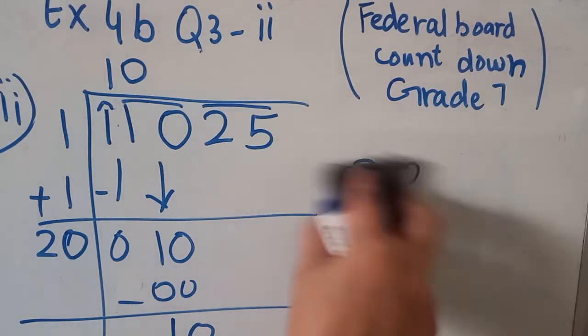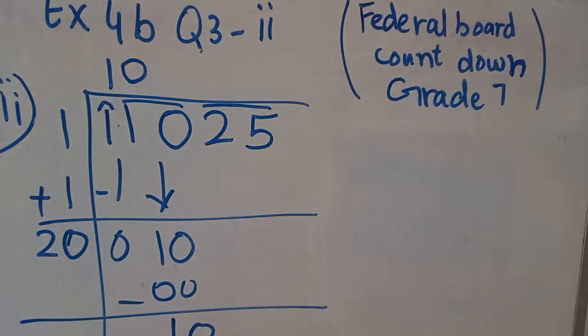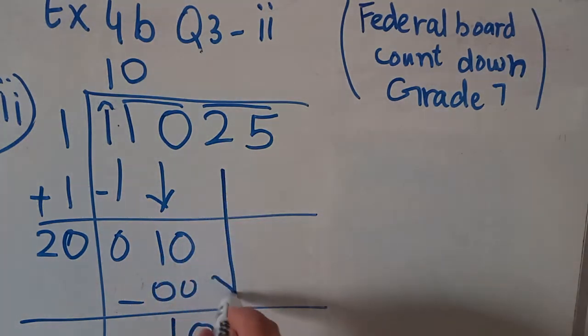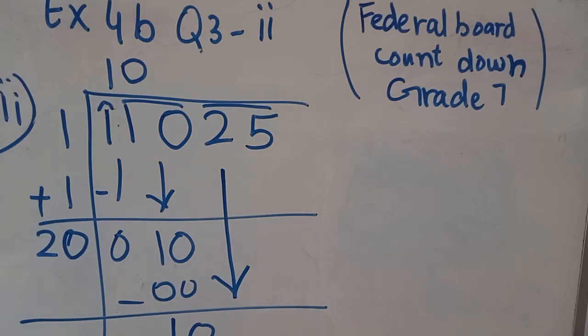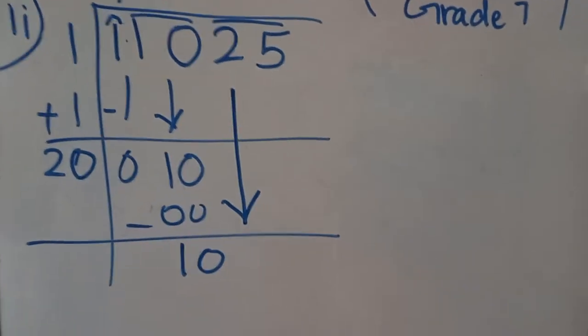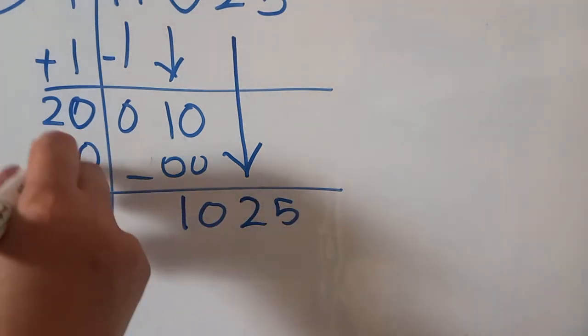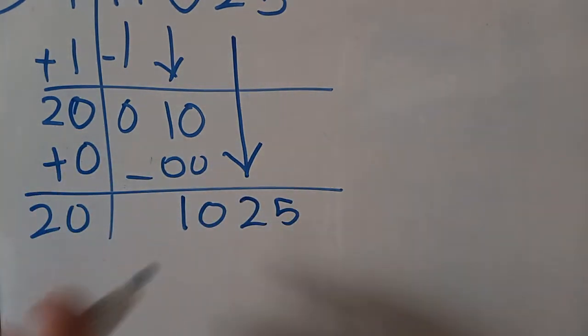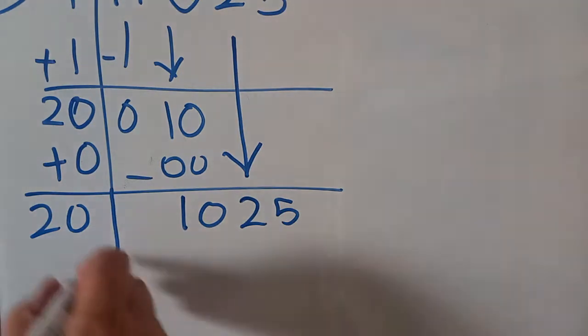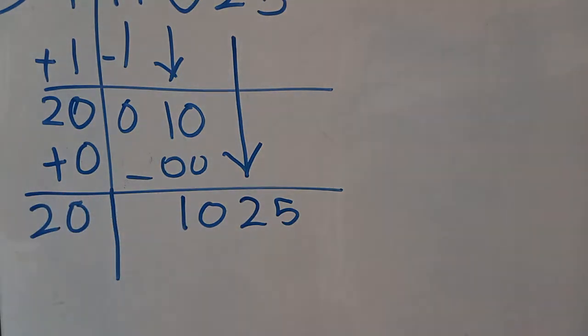Okay, so now our number is 10 remaining, and we are taking here our next number, that is 25. Here we are going to add this 0. Now we are going to find the number which we multiply with the whole number, and we can get 1025.